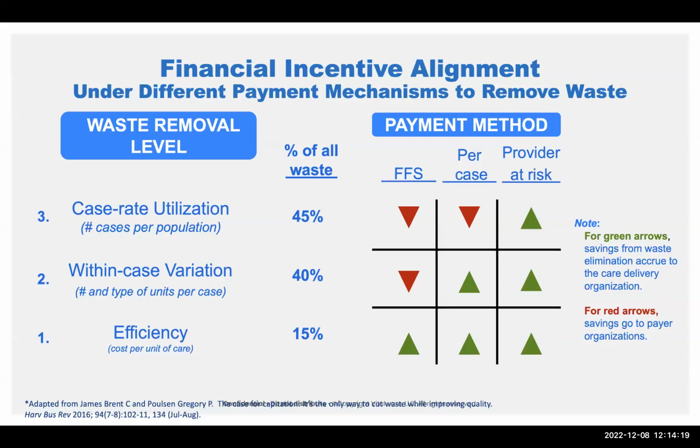On the per case model, we want to only provide services to those requiring it, and then decrease the case variation efficiency. And then when the provider is at risk, the savings from waste elimination accrue to the delivery organization. So as you can see in the methodology to remove waste, we're looking at the green section on the far right, which is capitation, something that culturally Americans do not have quite an appetite for.